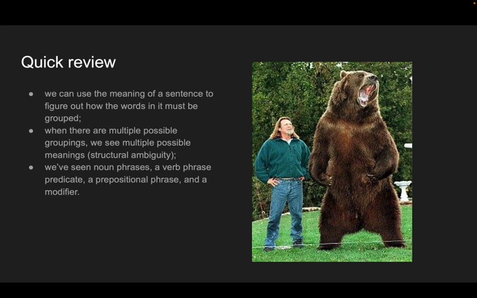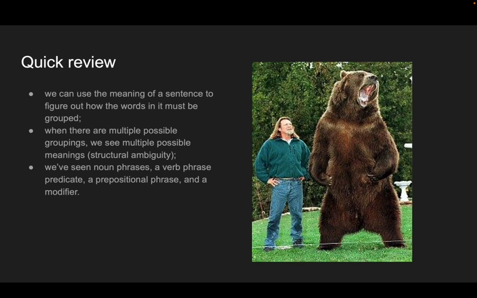Last time we talked, we looked at an example sentence that had this property, structural ambiguity. That is, two distinct meanings to the sentence that just depended on how you combined words together, right?